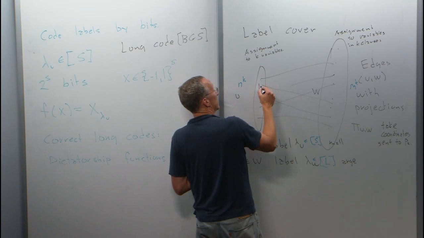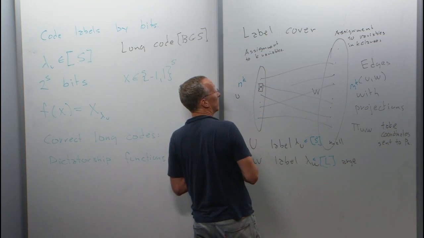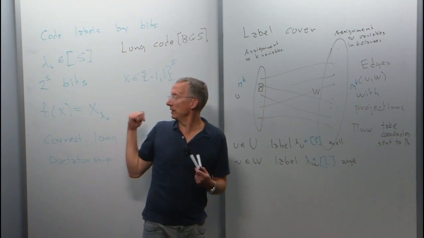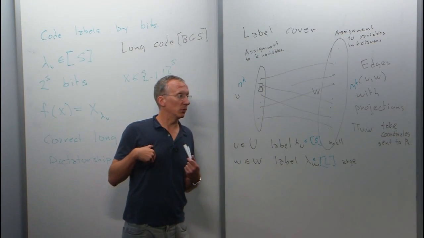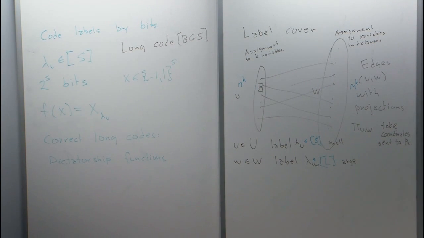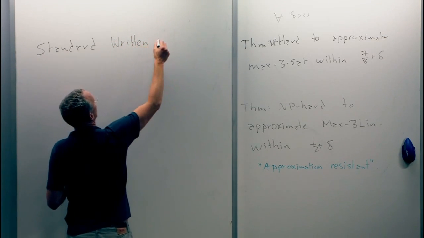So the way we're going to do this is that for each vertex here, which should really contain a label, we'll make it a truth table of a function, which in a correct proof of a correct statement should be the long code of the corresponding label. Sometimes I call this the standard written proof because it was used so many times.